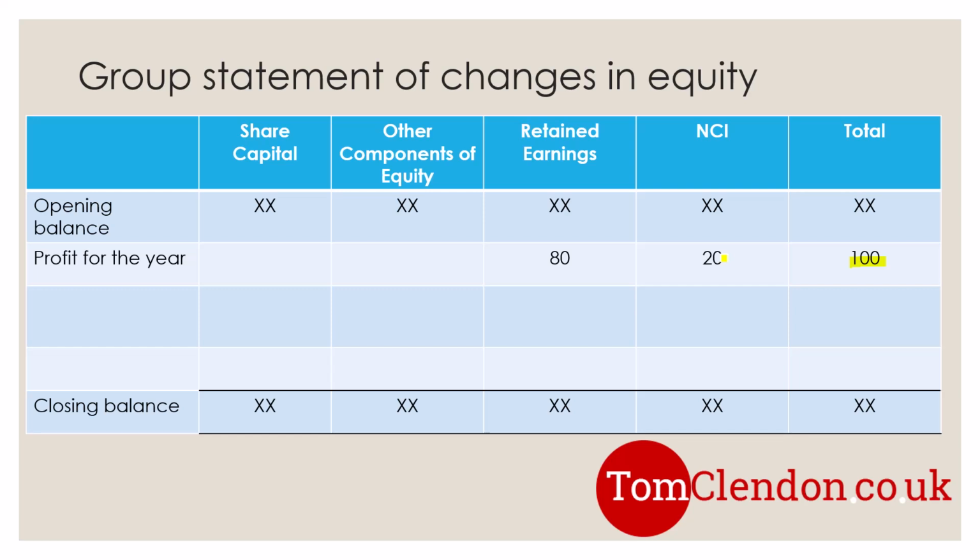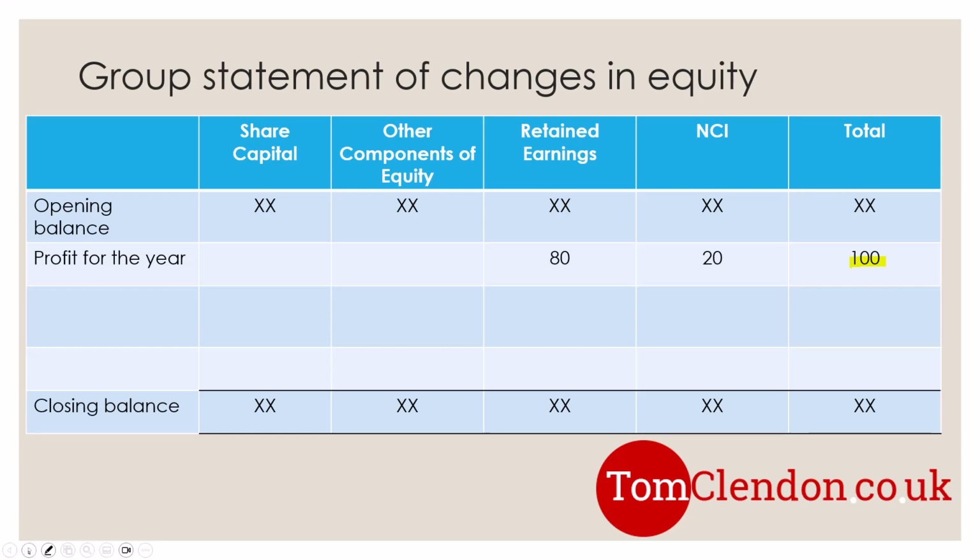So when you are increasing the group retained earnings, it's only going up by 80, and there is an element increasing the non-controlling interest. They're attributable to some of that profit. If you make a profit, the profit increases retained earnings and potentially the NCI.